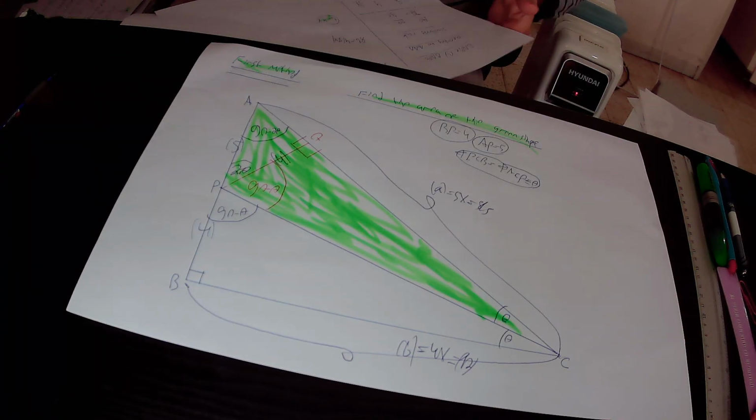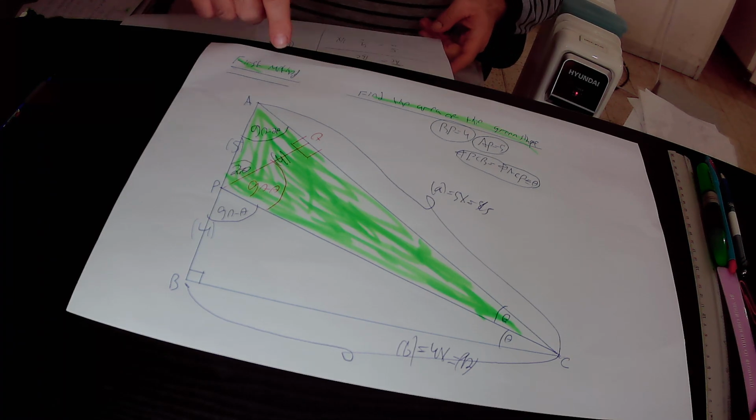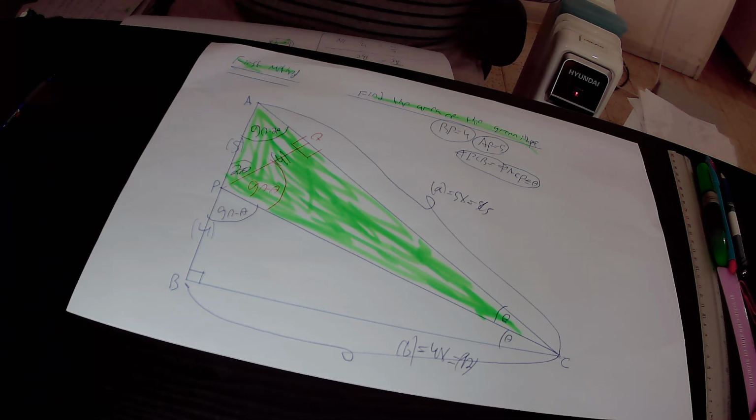And from the fact that the big triangle ABC is similar to the green triangle APQ, we learn that the following relationship exists between their sides.